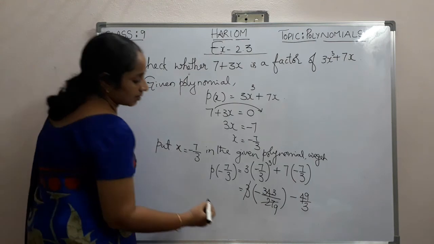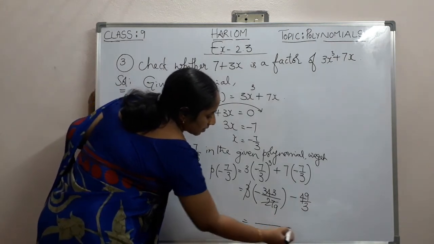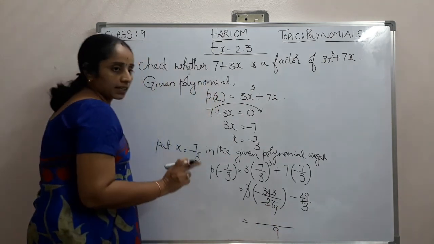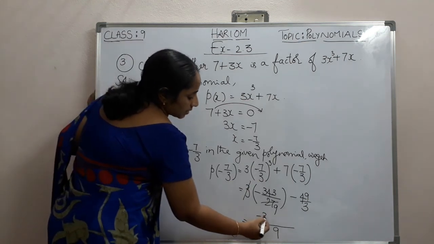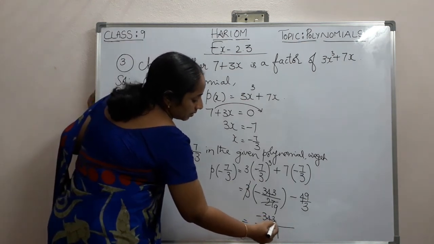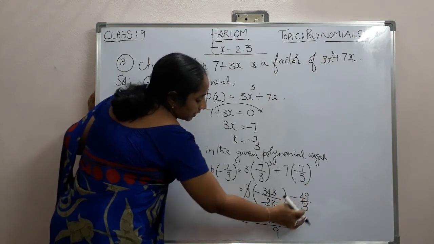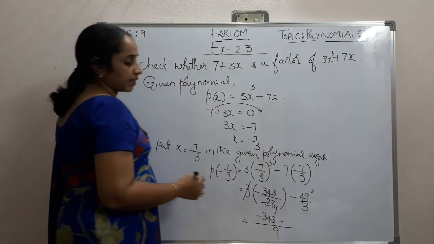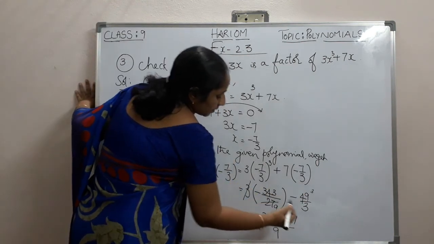Now the LCM of 9 and 3 is 9. 9 table 9 one time, that is 1 into minus 343, minus 3 ones, 3 table 9 3 times, 3 into 49, minus 147.